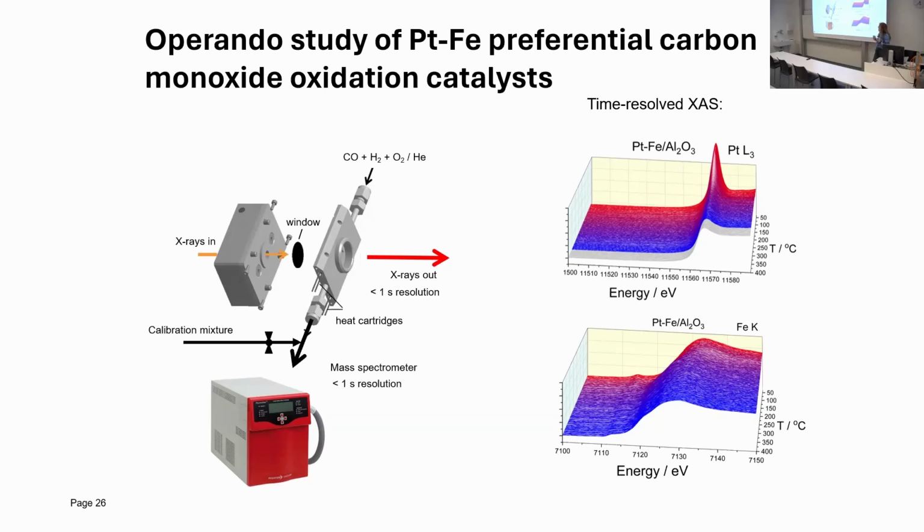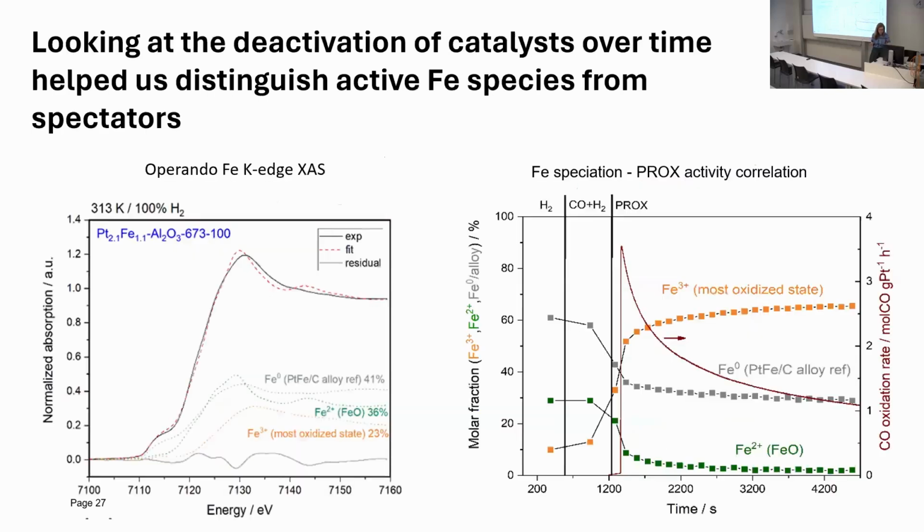What was important here is that all the catalysts contain iron in actually all states. Most of the catalysts contain iron 3+, iron 2+, and iron 0. If you put them under steady state conditions, you cannot say which of the oxidation states present actually correlates with activity. Therefore, we decided to do a smart experiment.